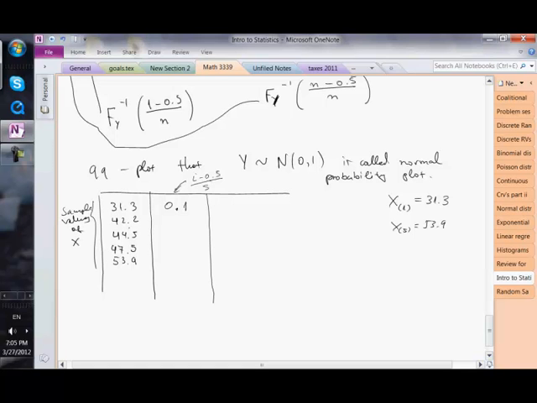Then I have 2 minus 0.5, that's 1.5, that's my 0.3. This is 3 minus 0.5 divided by 5, so I have 2.5 divided by 5. So this is the 0.5 point. That's my 3.5 divided by 5, 0.7, and this is finally my 5 minus 0.5, this is my 0.9.